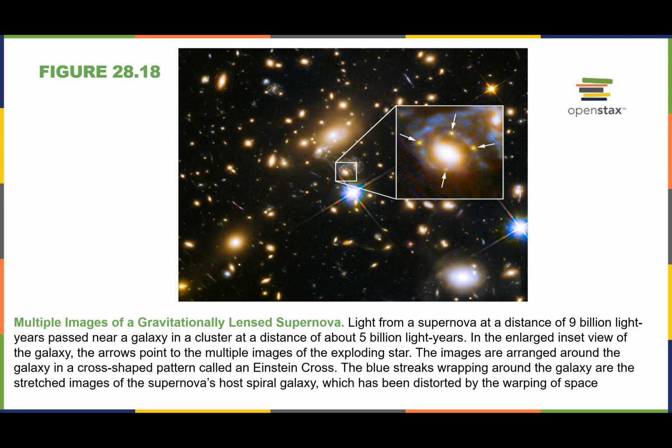And then I included this as gravitational lensing in action, where you can see the blue thing is actually a distant star whose light is being bent and lensed.